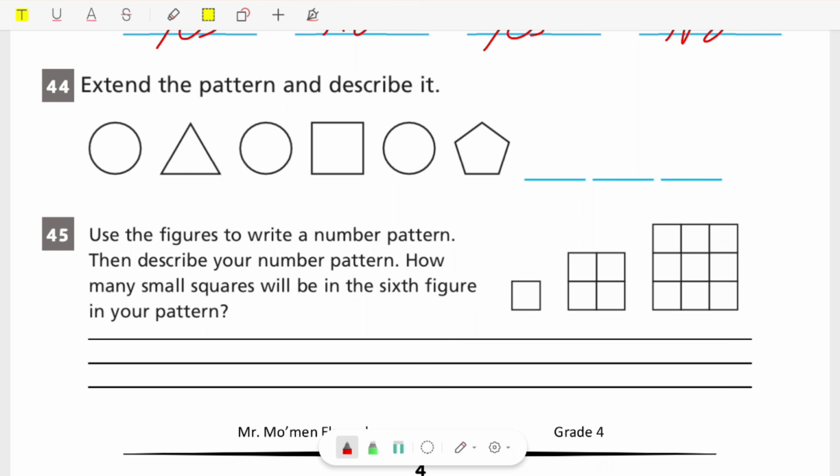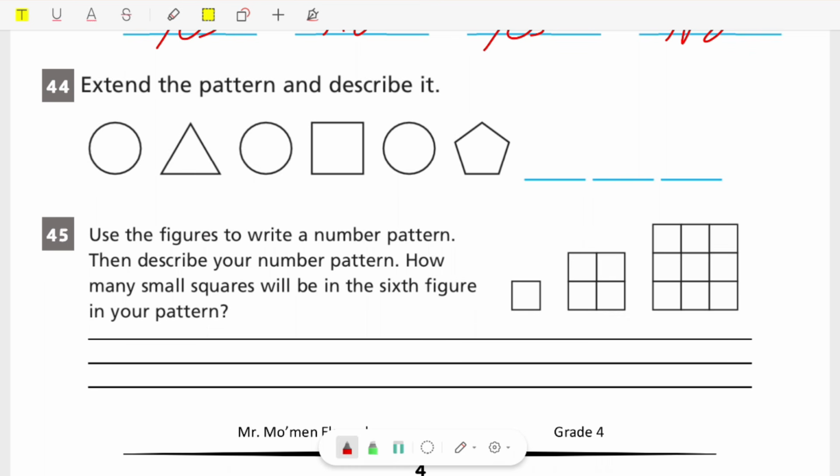Okay, the next one, it's a little bit tricky, but I know that you're smart and you can get it. As you see here, extend the pattern and describe it. We have a circle, triangle, circle, square, circle, pentagon. The circle is constant, the circle is repeated, but the difference is in the shape, we add one side in every shape.